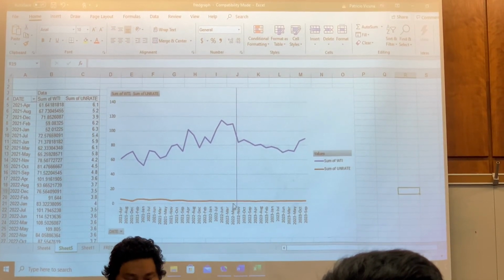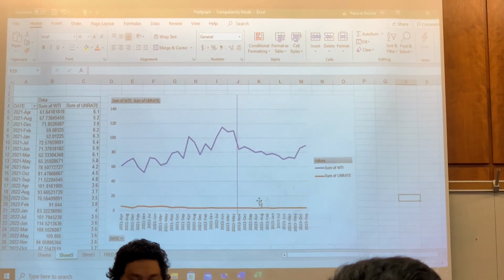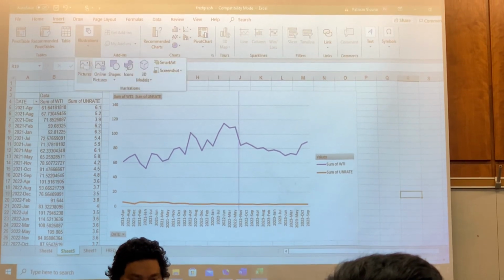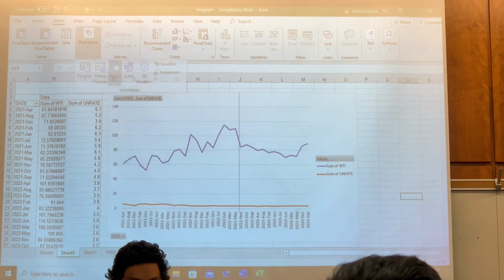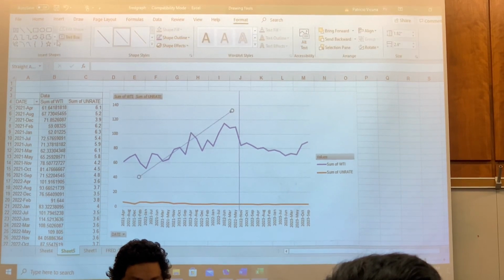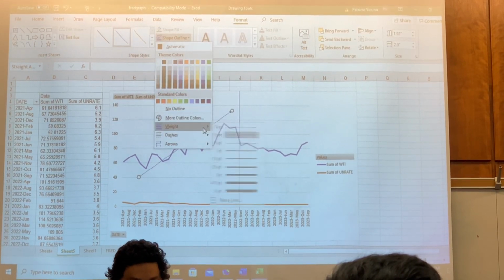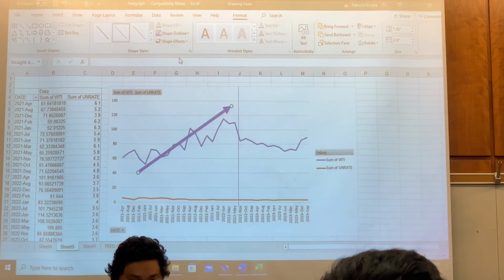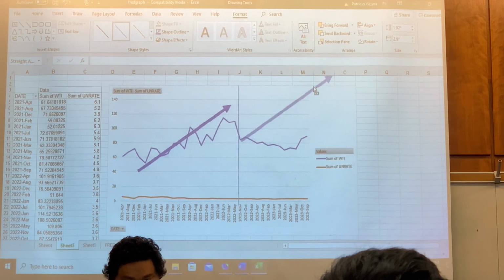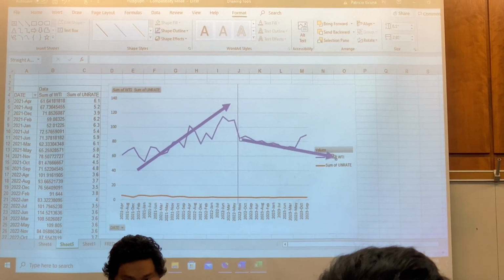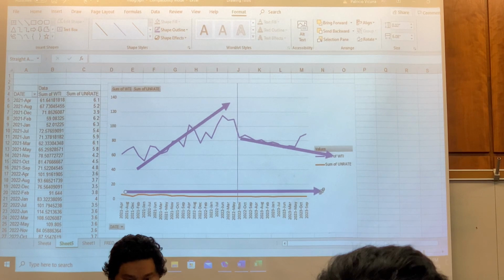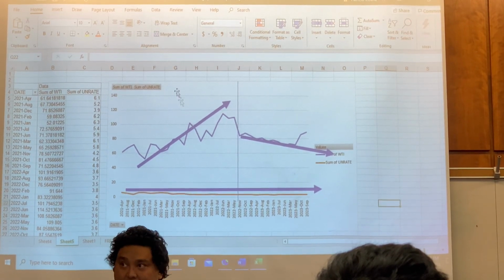In this case, everything is constant, before and after, for the orange one. But here, versus here, that everything is constant.